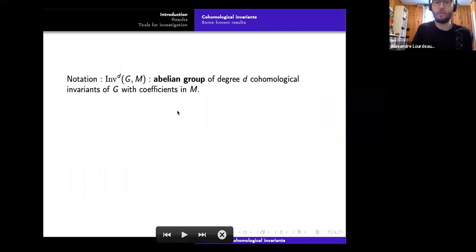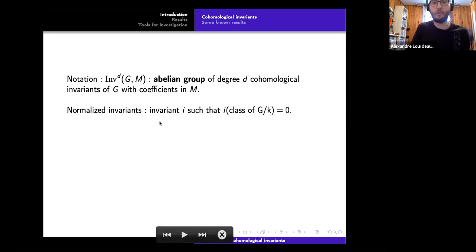This is why we have an abelian group here. And in this group of invariants, we have a special subgroup, the normalized invariants, which are invariants I such that on the trivial G-torsor, the invariant is 0.